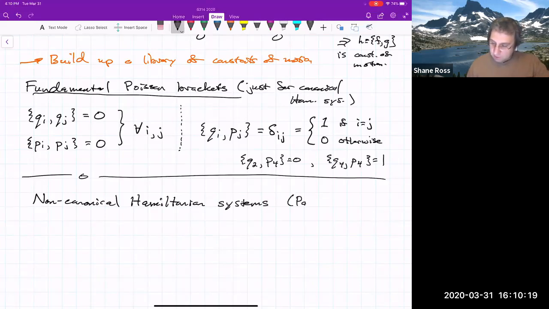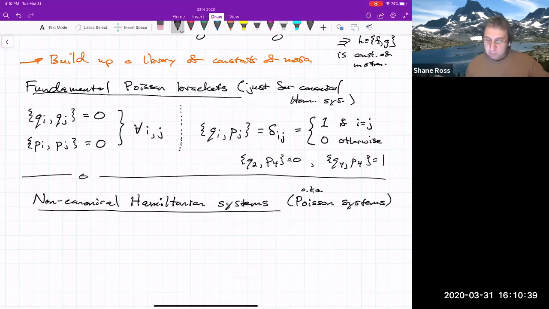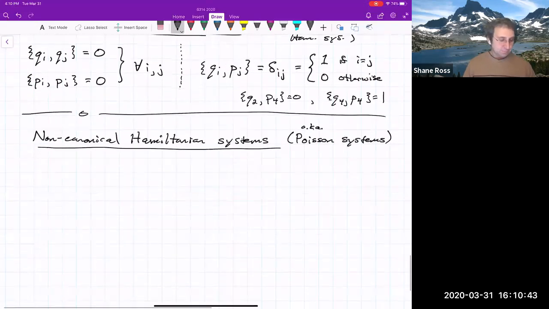And these are sometimes called, maybe put AKA, also known as, Poisson systems. I don't know if everyone in the world calls them Poisson systems. More people will probably know non-canonical Hamiltonian systems.